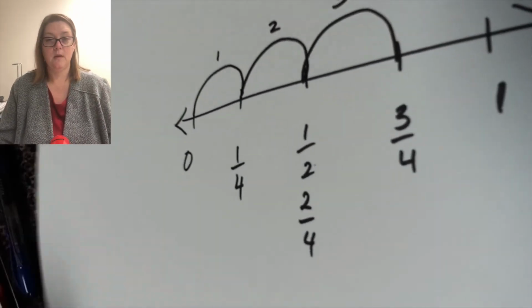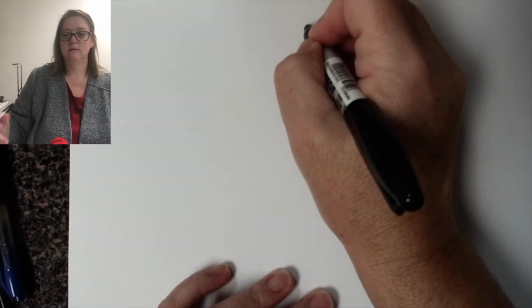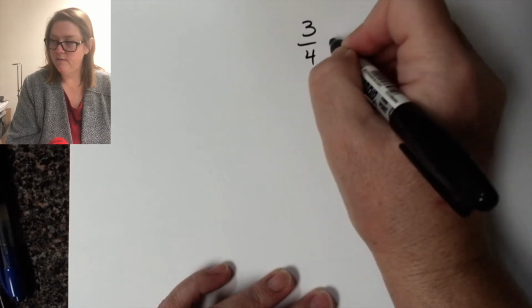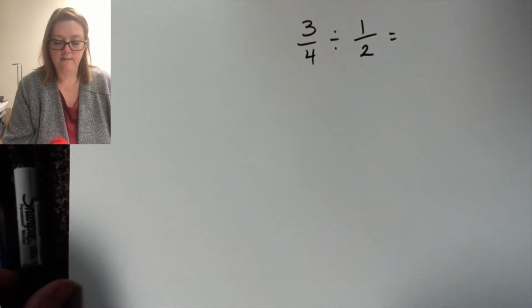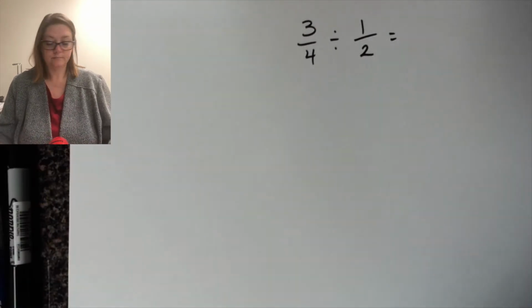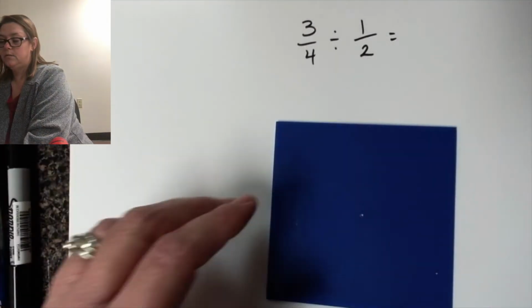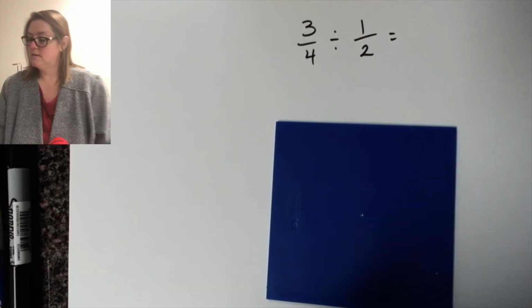Now, let's go to a little bit harder. Let's go back to our original one. So, 3/4 divided by half. Now, again, let's look at our whole. Let's look at 3/4.